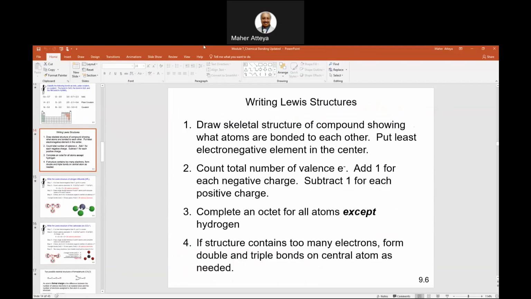Writing Lewis structures. Lewis, as you will see, contributed a lot in chemistry. He worked on acid-base theory, and mostly on valence electrons and writing the structure of a compound, called the Lewis dot structure. A valence electron is recognized as a dot in a Lewis structure.